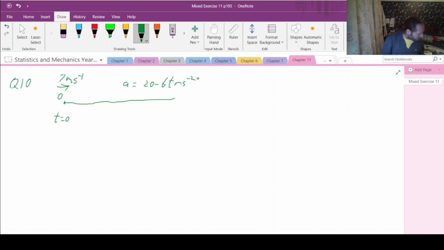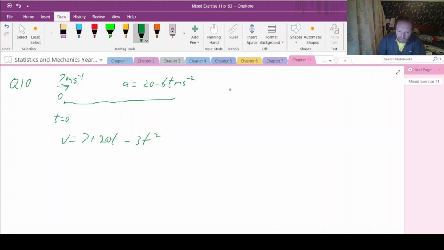Part A, show the velocity v of P at time t seconds is given by v equals 7 plus 20t minus 3t squared.